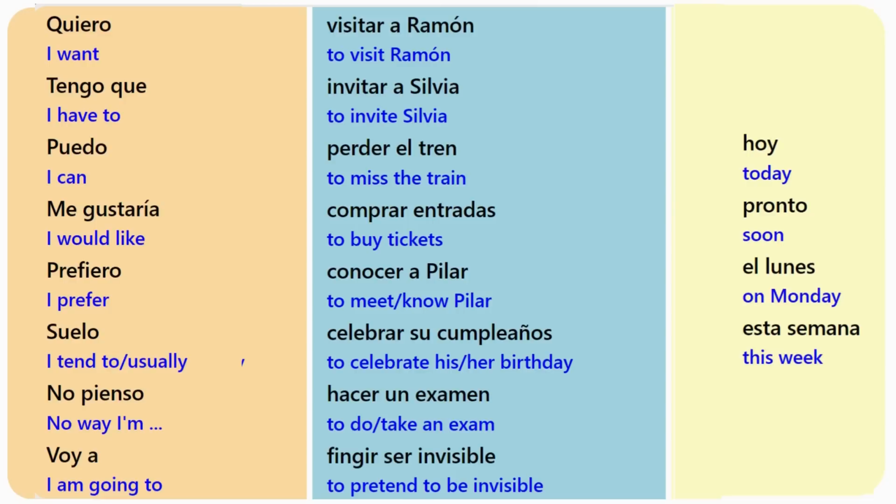No suelo, I don't tend to. And finally, a very useful one, because it gets us to talk about the future straight away. Voy a, I'm going to. Okay, so first of all, I'm going to say some phrases in Spanish and just look at the table and try to work out what's being said.